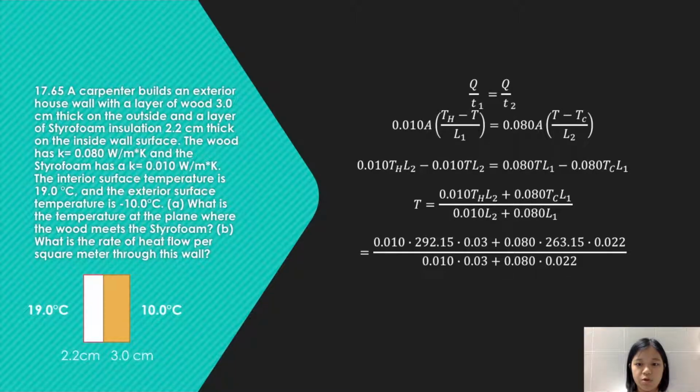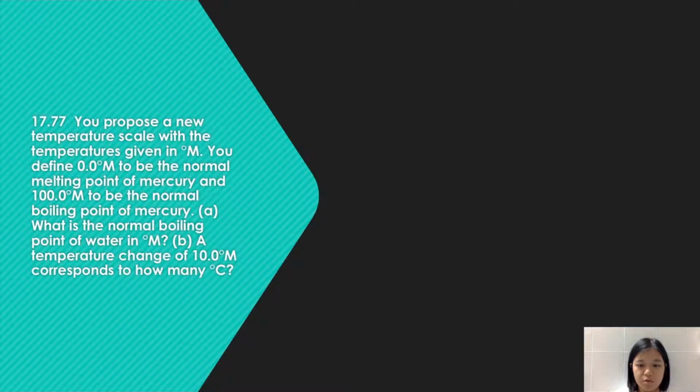So we can just plug in the values, and we'll get the temperature of 267.37 Kelvin or negative 5.78 degrees Celsius. And to get the heat flow per square meter, sorry, that's not included. We'll go back to that later.